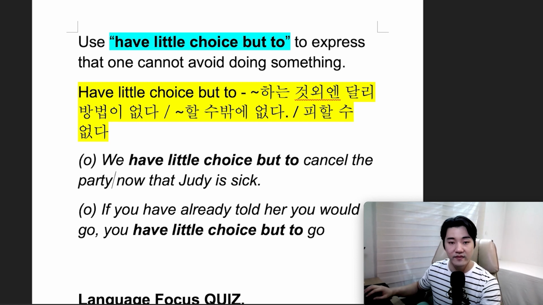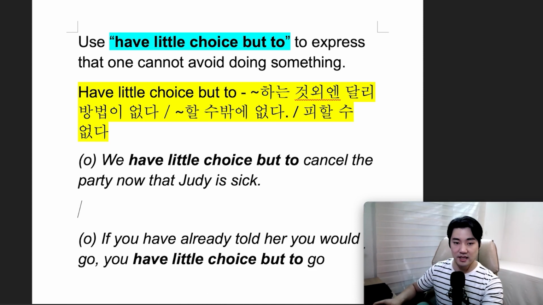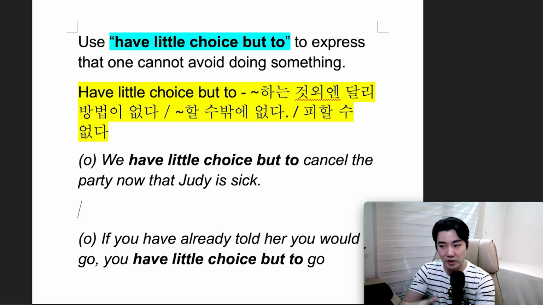Example, we have little choice but to cancel the party now that Judy is sick. Judy 아프기 때문에 우리는 파티를 취소할 수밖에 없다. 선택의 여지가 거의 없다. So there's nothing more we can do. There's no other way. We need to cancel the party because Judy is sick.